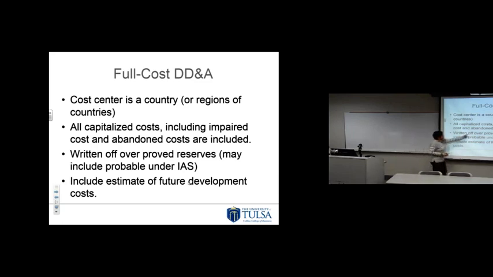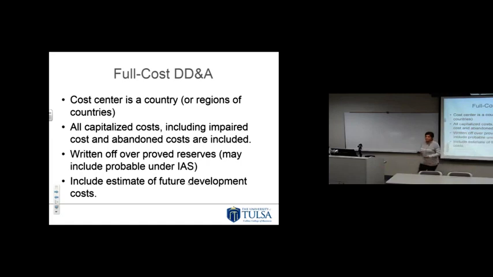Because my proved reserves are in the denominator. So shouldn't the cost be in the numerator, or the cost be written off over those proved reserves? So if I'm writing off over proved reserves, and some of my proved reserves are still undeveloped proved reserves, they're still PUDs, well then to get a better matching of cost to revenue, to get a better unit of production, I need to include, I've got the cost I've already spent, capitalized, but I need to include an estimate of how much it's going to cost me still to get to the rest of those proved reserves.